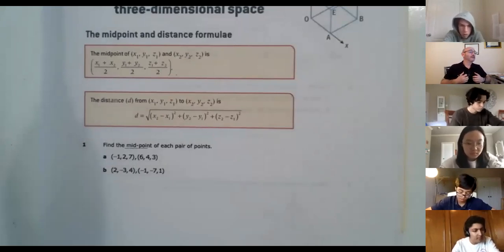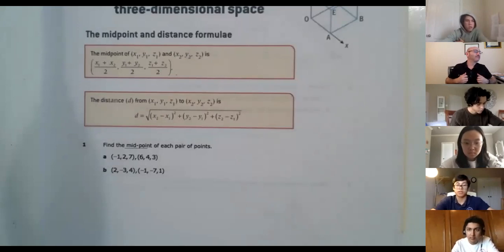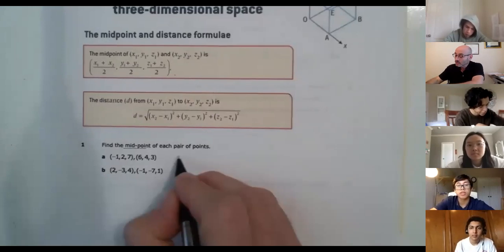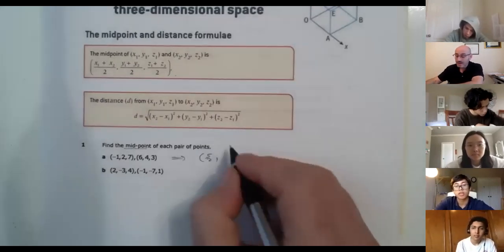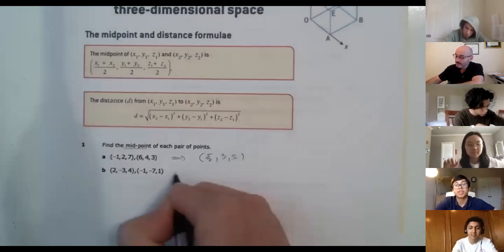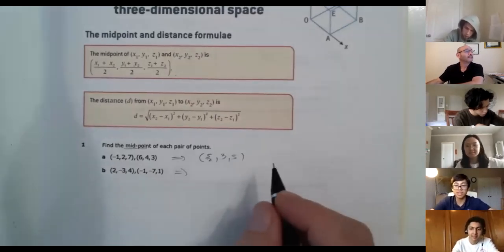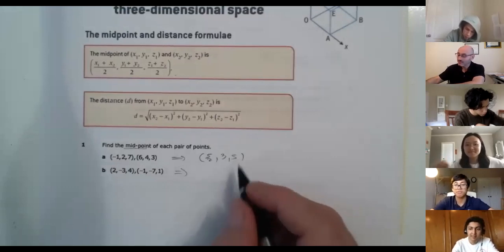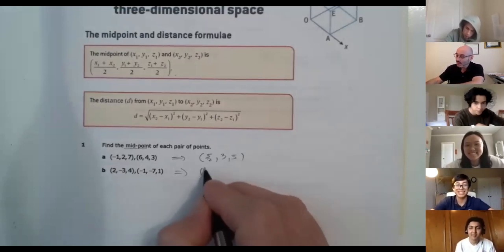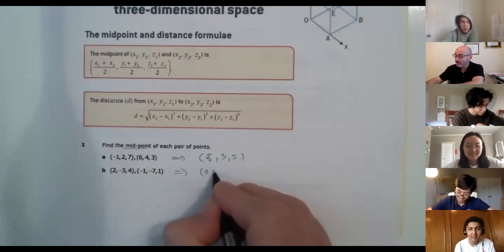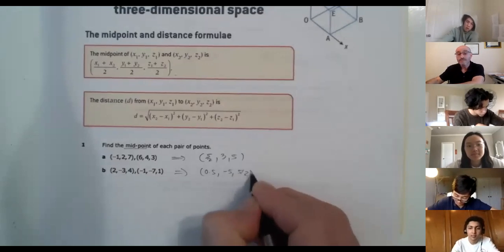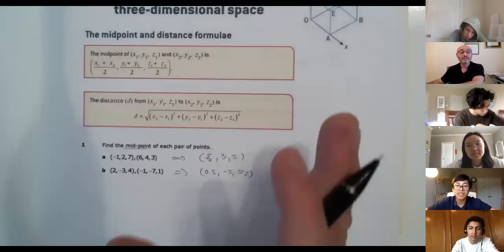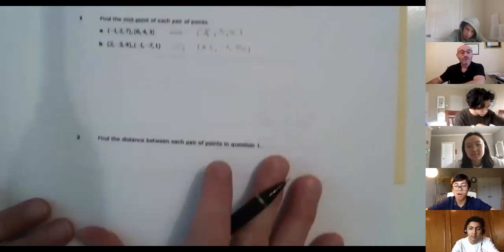That's correct. So it should be 2.5 or 5 halves, 3, and 5. What about the second one? I agree. Part 2 should be 0.5 or a half, -5, and 5 halves, right? Easy peasy, just extending that. So what about the distance?